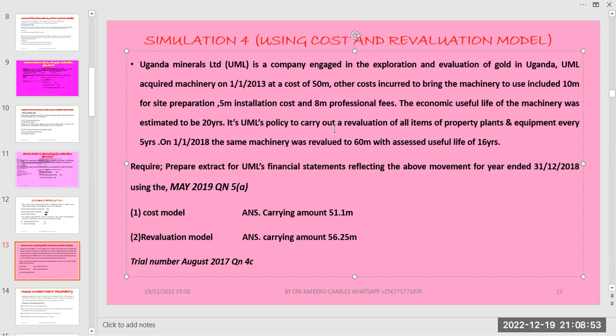This 50 million was the purchase price. If we had trade discounts or rebates, we could deduct them, but we never had one.